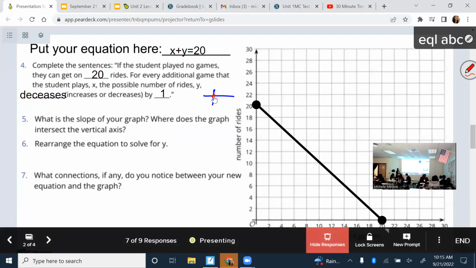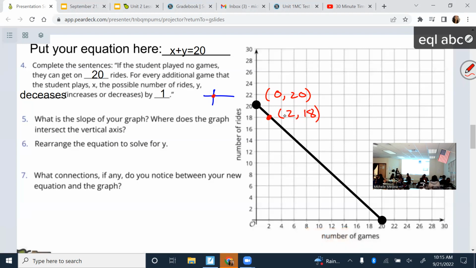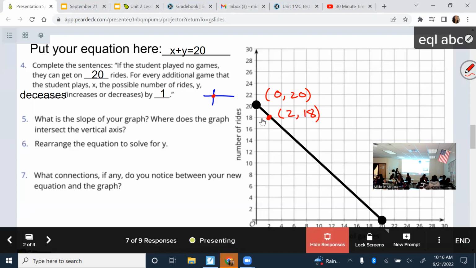So I could use my y-intercept, for example. What's this coordinate? Is it 0, 20? And then it looks like it goes through this point right here. What coordinate would that be? And this one is 2, 18. I don't really need the values of it, but I'm just showing you.